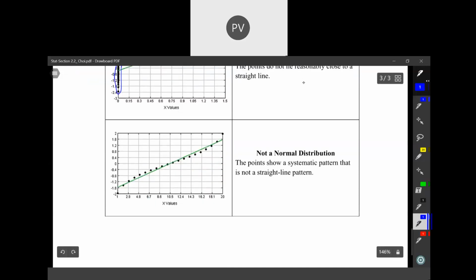Now here, the data points are very close to the straight line, but this is not a normal distribution because if you join these points, you can see that it is not a straight line, right? So the data points should lie close to the straight line and should also reflect the same shape. It should lie along the straight line, and it has to be a straight line also. Then we call that distribution a normal distribution.